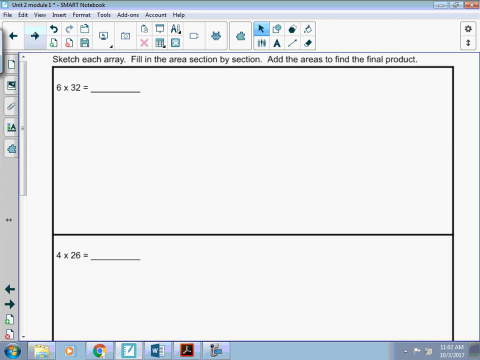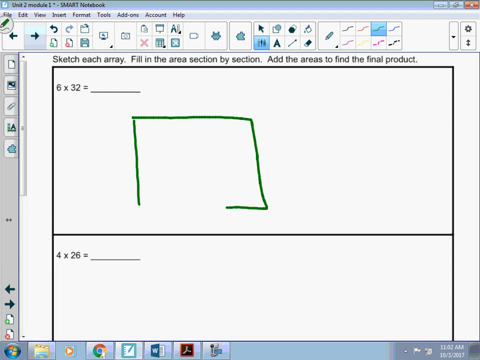Okay. The last page of the packet. My first problem, I have 6 times 32. So 6 stays the same because it's just the ones place. And 32 will split up, and this time I have 3 tens, so it's worth 30 and 2.